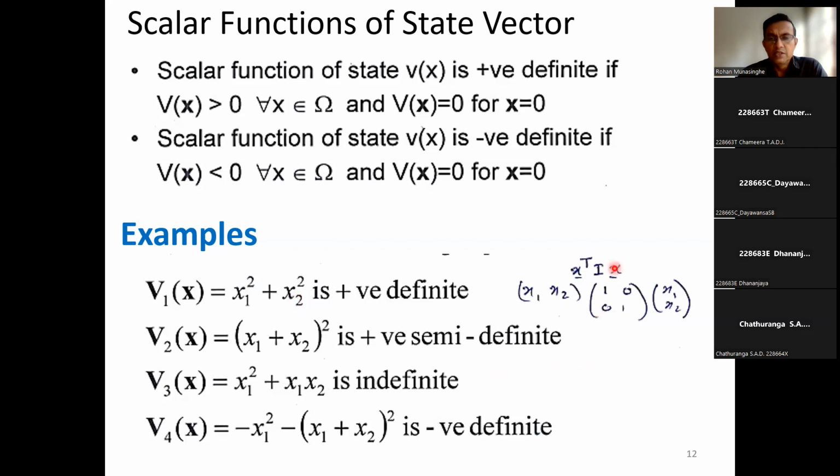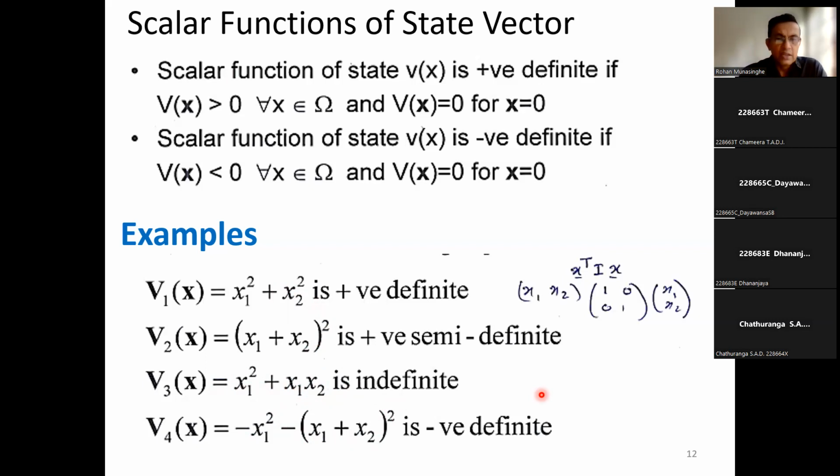So you will see this very often appearing in control system publications, optimal controls. What about this one, x1 plus x2 square? You add them together and then get the square. What about this one, x1 square plus x1 x2? What about this one, minus x1 square minus x1 plus x2 square? The different types of scalar functions. There can be many more.